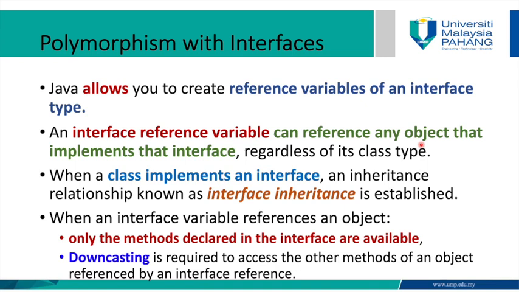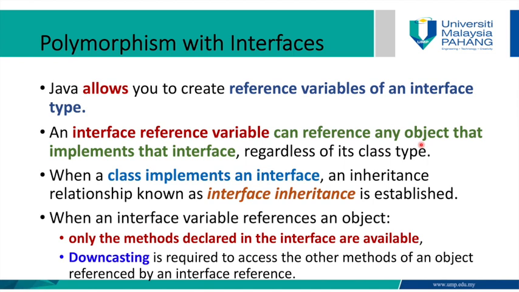It doesn't matter what class that specific object is in, you can refer to any interface that has been declared in your program. When a class implements an interface, an inheritance relationship known as interface inheritance is automatically established.